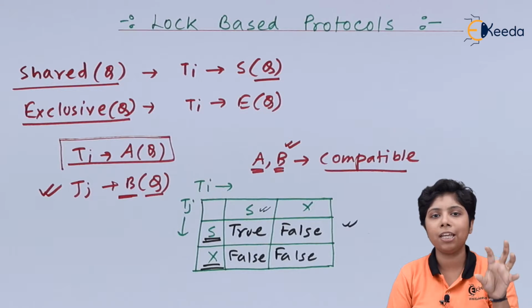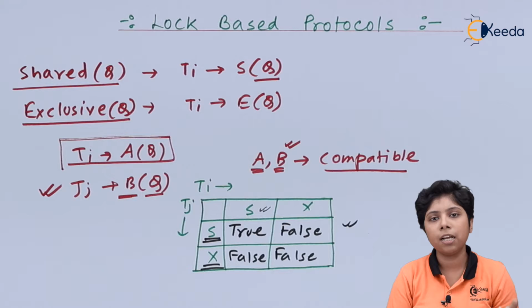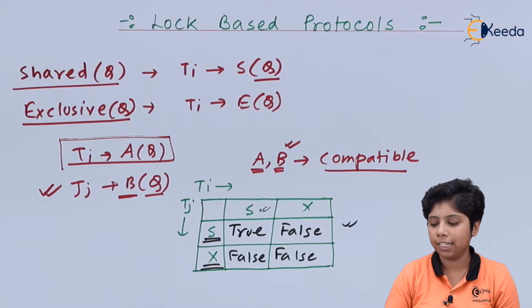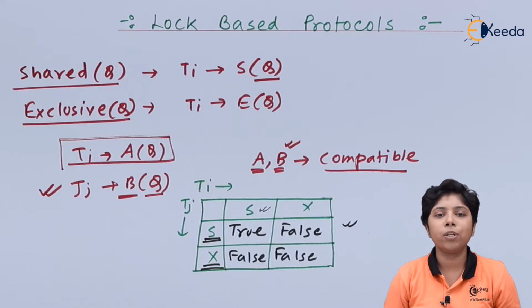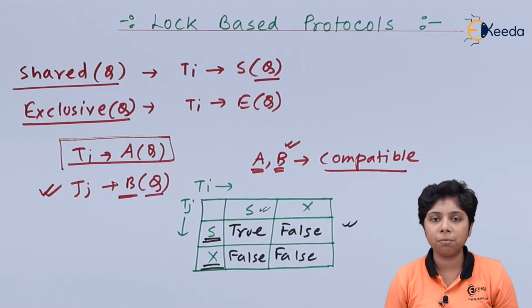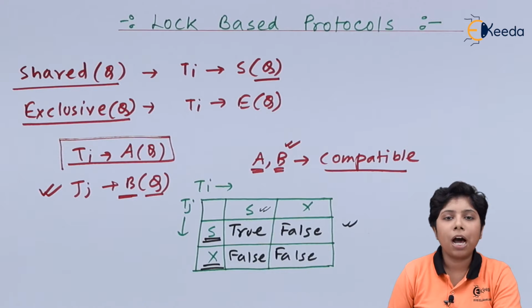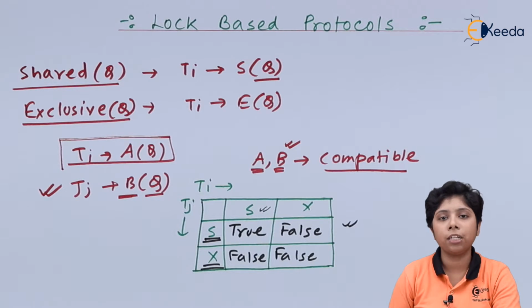If and only if a shared mode is acquired by some transaction, then another transaction can get the shared mode on that particular data item. In this way, we provide compatibility by granting the locks through the concurrency control manager. Now, how can a lock that has been acquired by a transaction on a data item be released?